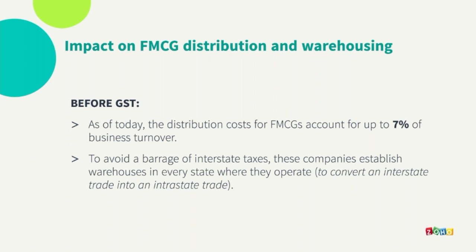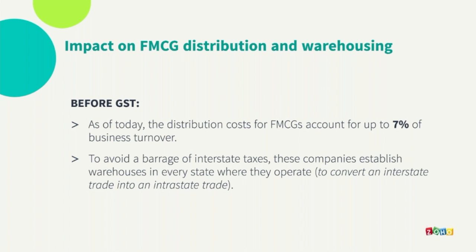Moreover, the 17 and odd indirect taxes are governed by multiple tax authorities and vary through different states, so these companies have to find a way to work their supply chain around these taxes. In order to avoid the barrage of these interstate taxes, they have set up a warehouse or a distribution center in every state they operate. So why did they do that?